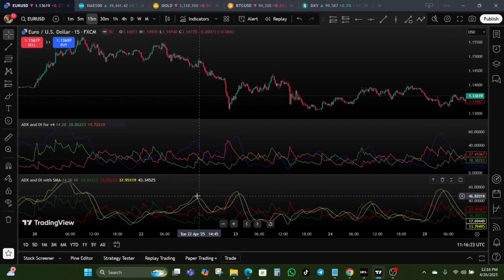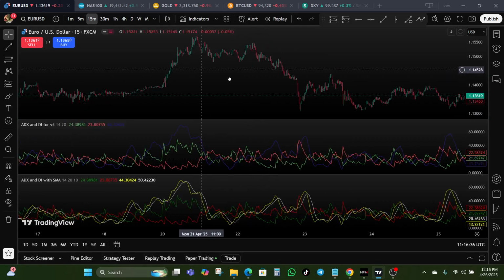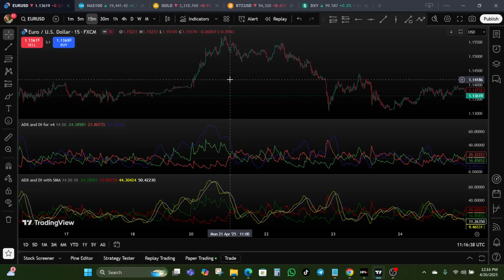So when the ADX now crosses below the SMA, it could show an advanced signal that that strength is now beginning to weaken gradually. So you can then start paying attention to a possible exit. Okay?